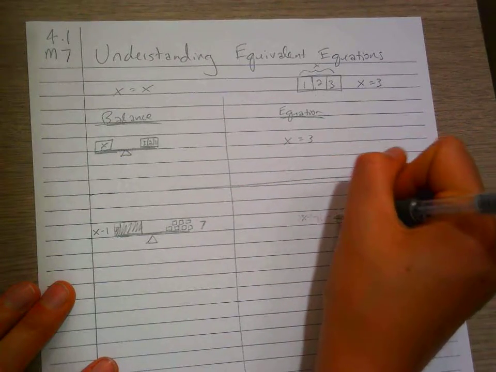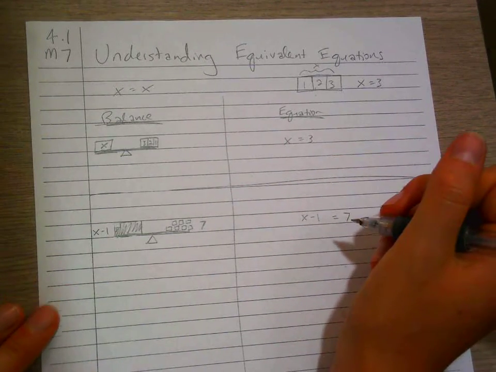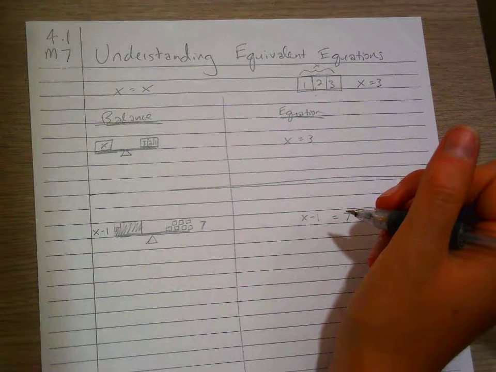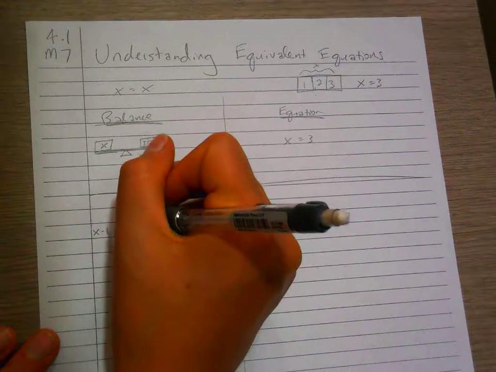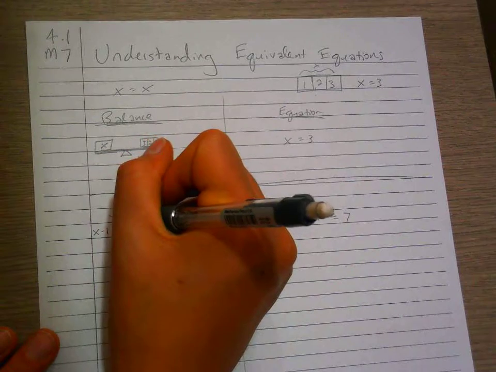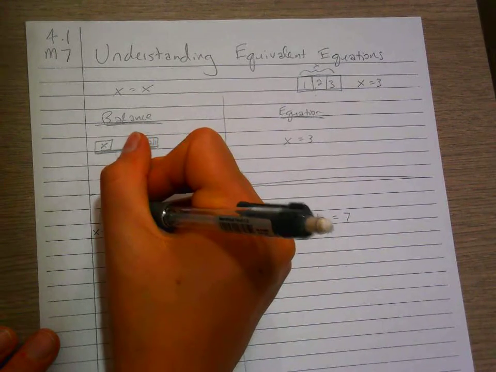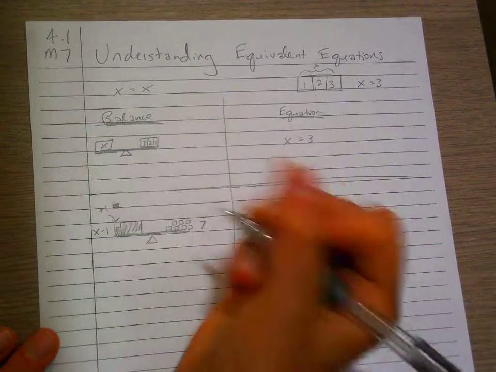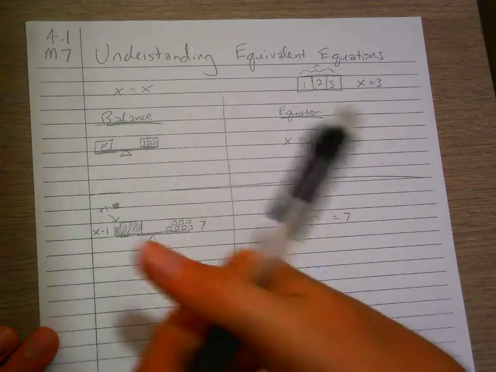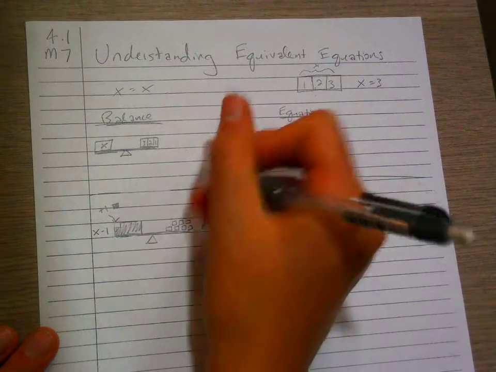Now, let's say that we wanted to figure out, what actually is x? Well, if we added 1 to this side, because we have one little box, the balance would start going this way, and we don't want that. So we would have to add 1 also to this side.